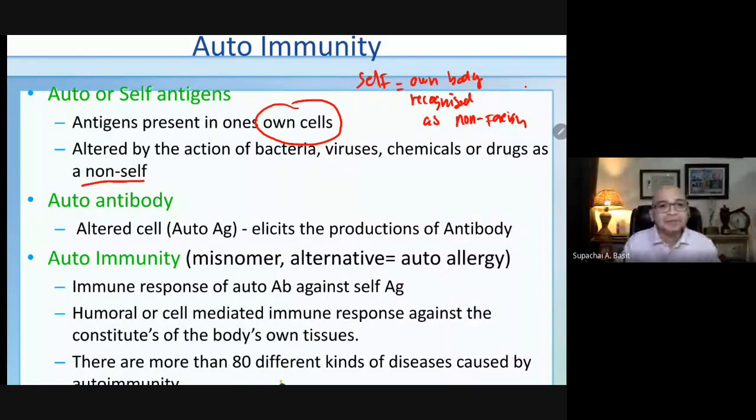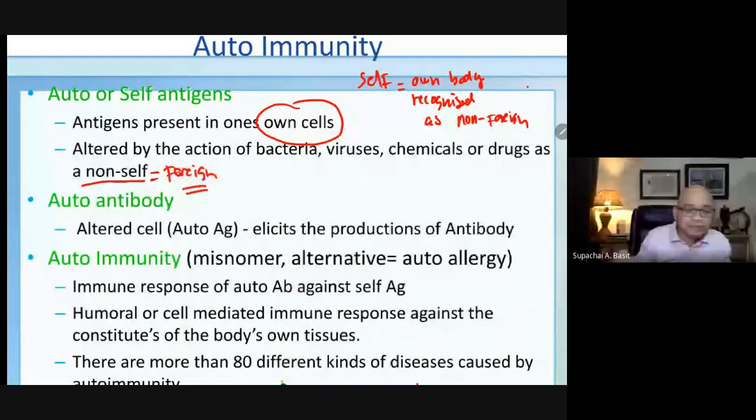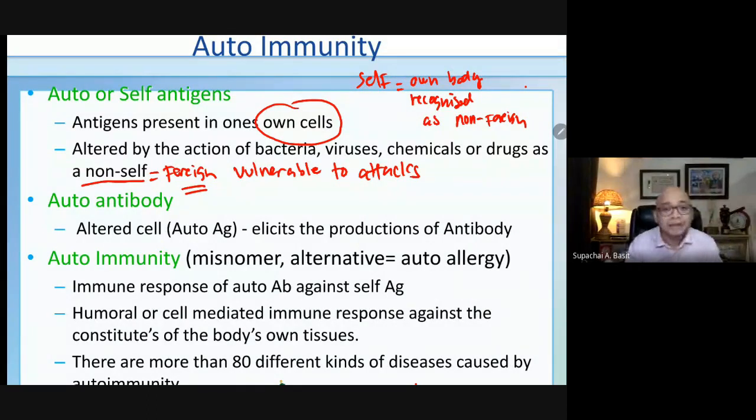However, when we say non-self, then it is something that is recognized as foreign. Therefore, it becomes vulnerable to attacks by the cells of our immune system. So that's what we meant by non-self. Antigens present in our own cells can be altered by bacteria, viruses, chemicals, or drugs.